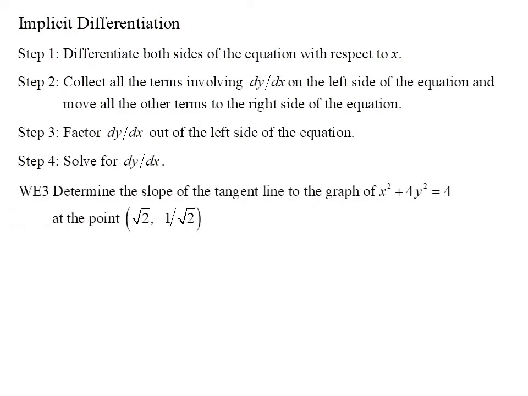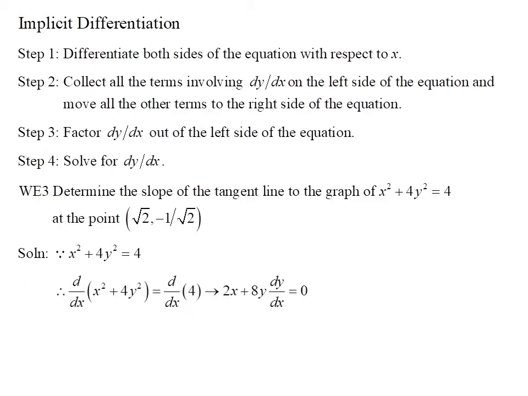Example 3 is to determine the slope of the tangent line to the graph of x squared plus 4y squared equals 4 at the point square root 2, negative 1 over square root 2. To find its derivative, we follow the above guidelines and differentiate both sides of the equation with respect to x first.